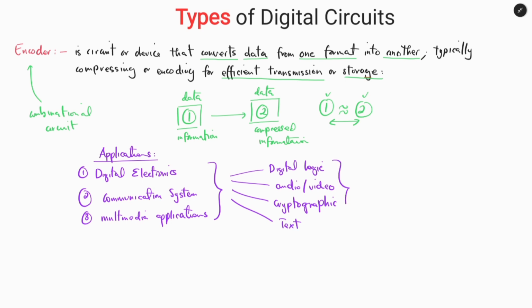So all of these represent a specific encoder that can be used. For example, digital logic can be found in digital electronics; audio, video, and image can be found under multimedia application; the cryptographic encoder is used for communication systems; and we have the text message, which can also be used in a communication system. So those are the specific applications that enable the use of the encoder.